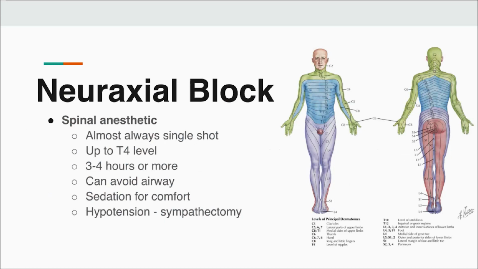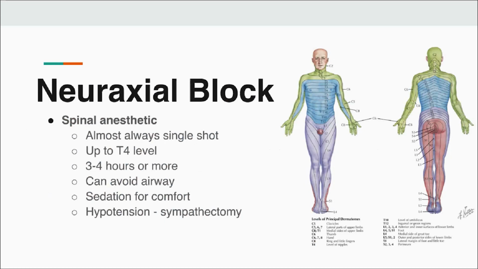When we're in the CSF, we give a single shot of local anesthetic, and for about 3 to 4 hours, sometimes more with different local anesthetics, we can give the surgeon up to a T4 level of surgical anesthesia, which obviously makes a patient comfortable, and we provide additional sedation to the patient through the IV so that the patient can be in a twilight state or be comfortable and not anxious.